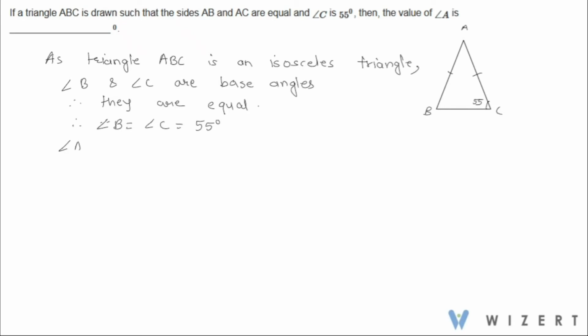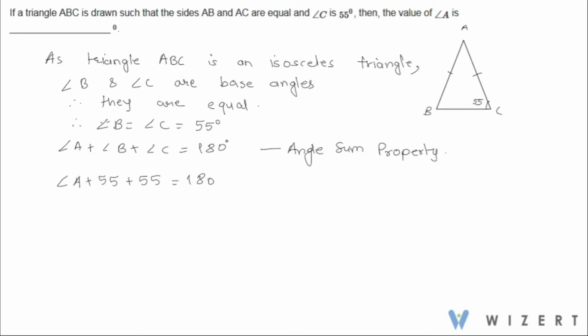We know angle A plus angle B plus angle C equal to 180 degrees. This is angle sum property. Therefore angle A plus 55 plus 55 equal to 180.